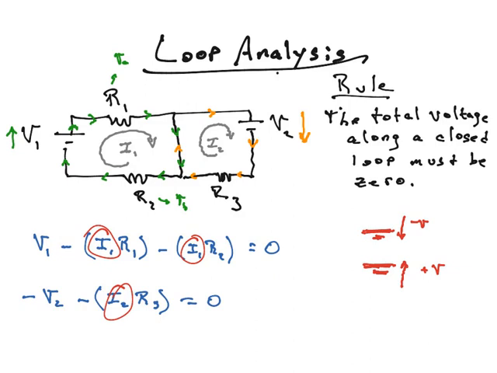Now, in this case, it's okay. The first equation just has I1 in it, so we would solve it just like a regular equation. And the second equation just has I2, and so we would solve it like a regular equation. No big deal. However, in other examples, we're going to find that I1 and I2 mix in the same equations. And so what we're going to wind up having is two equations, two unknowns type things.